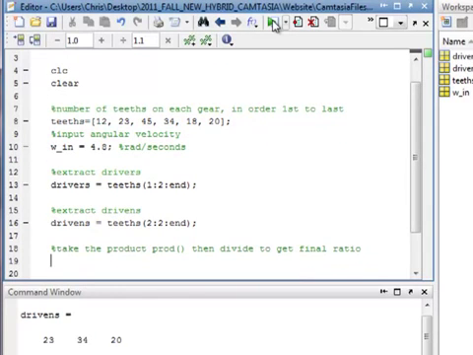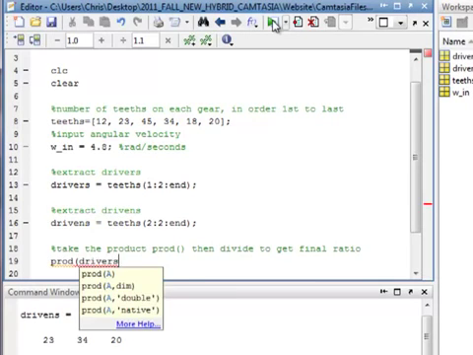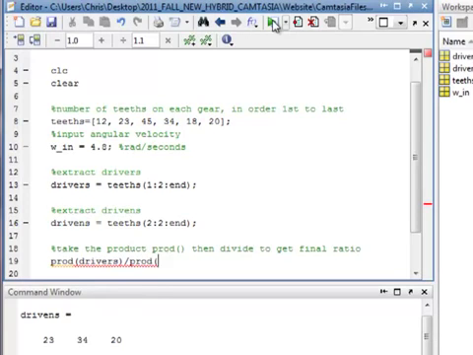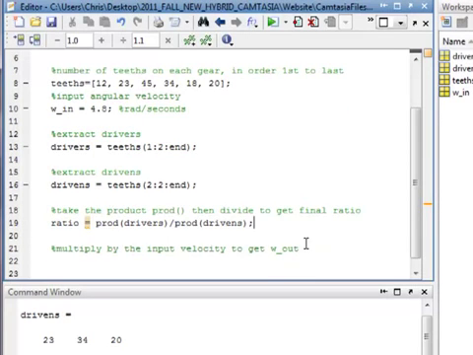We have our two arrays. So the actual formula is the product of the drivers divided by the product of the drivens. That would give me the ratio. And as far as calculating the output velocity, it would be the ratio times the input velocity.